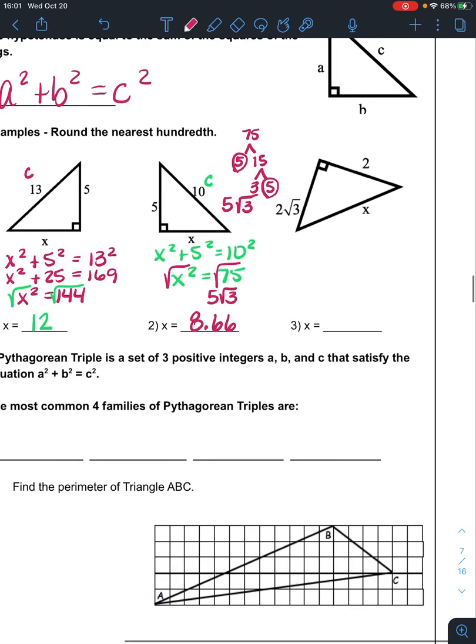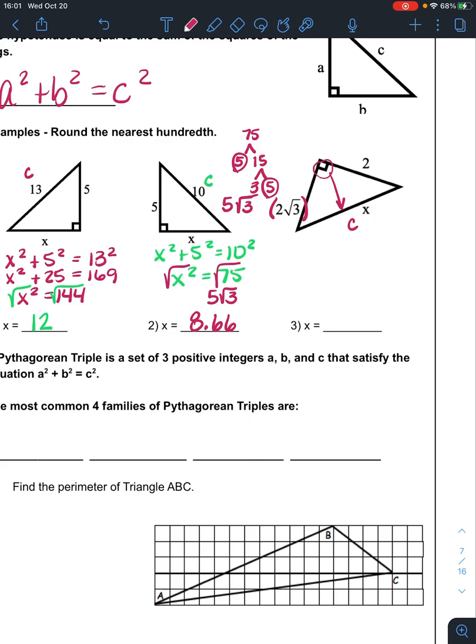Number three, even though this triangle is turned sideways, you find your 90-degree angle, and your hypotenuse is on your longest side. So now our hypotenuse is C, or is X. So what you want to be careful of, especially when you're doing this on the calculator, the calculator will do the work for you, but be sure that you use parentheses.